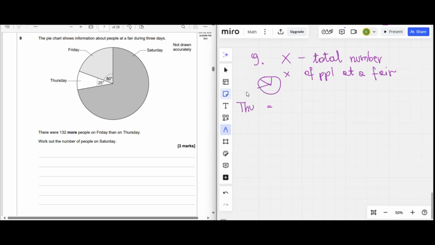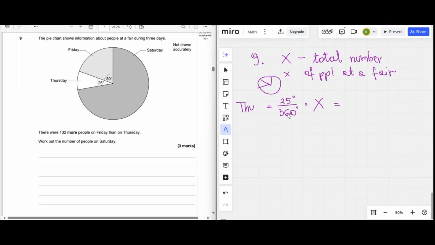On Thursday, we have 25 degrees out of 360 being the whole circle. So we can divide those to find the fraction of a chart times X number of people.